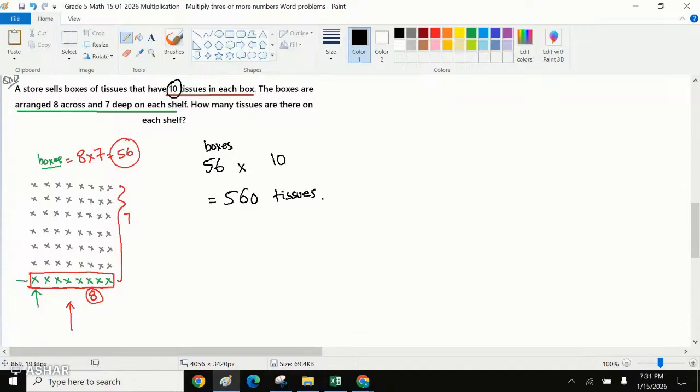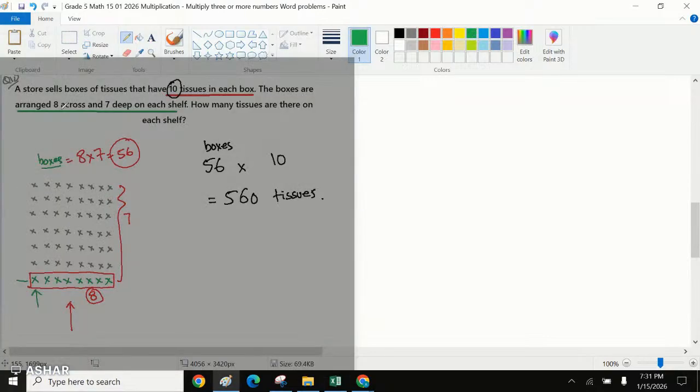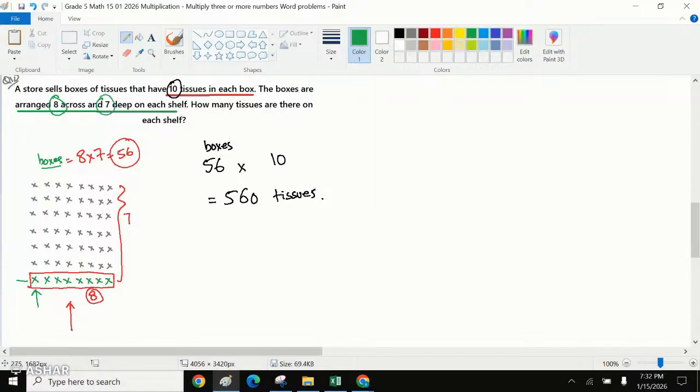Agreed? Or what we can do is directly we look at the dimensions. It says 8 across 7, right? 8 across and 7 deep. 8 multiplied by 7, and how many were in each box? There were 10. So we can still say 560, right? So it depends on your approach. How do you want to do it?